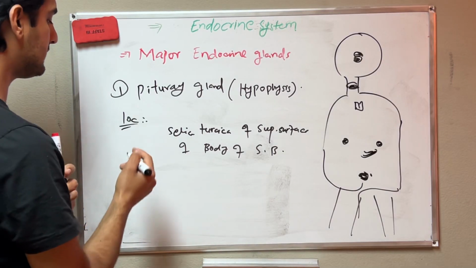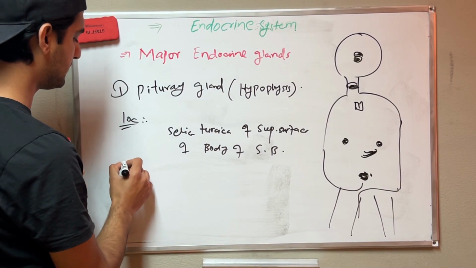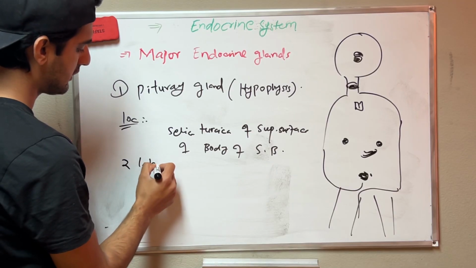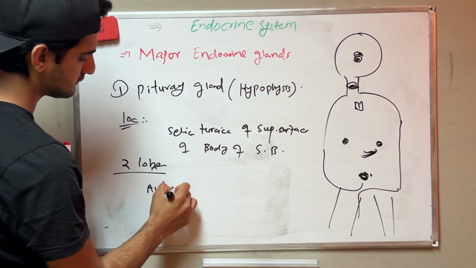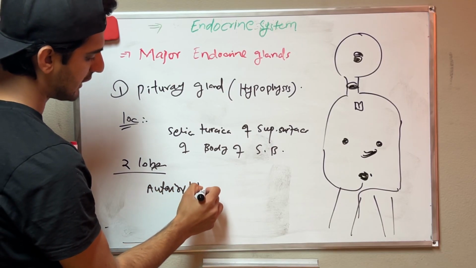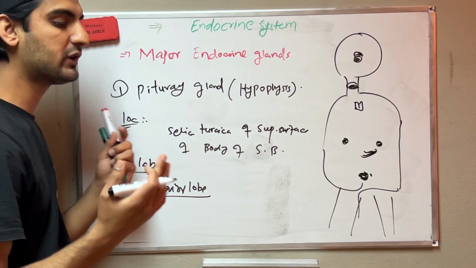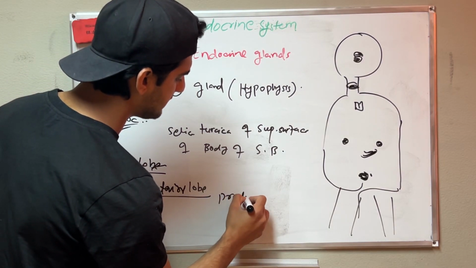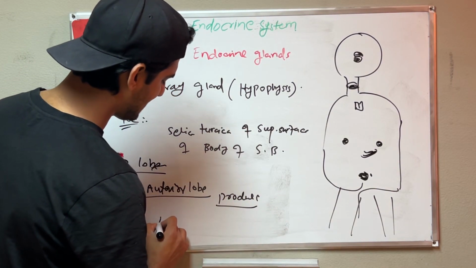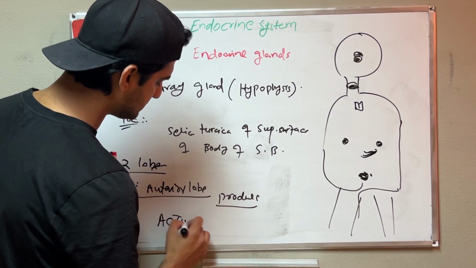Then it has two lobes, the anterior lobe. Now, which hormones does the anterior lobe produce? First, the anterior lobe produces ACTH hormone.